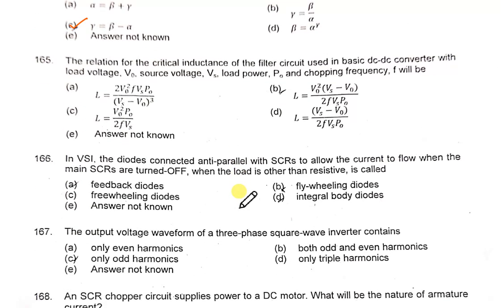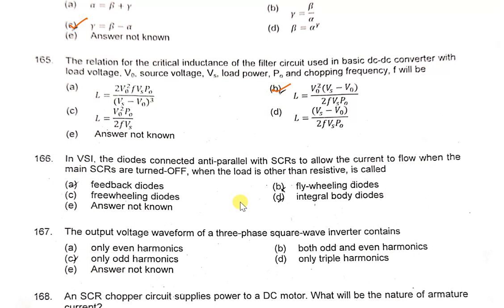Option C. The relation for the critical inductance of the filter circuit used in basic DC to DC converter with load voltage V0 and source voltage Vs, load power P0 and chopping frequency F will be L = V0 squared times (Vs minus V0) divided by 2F Vs P0.